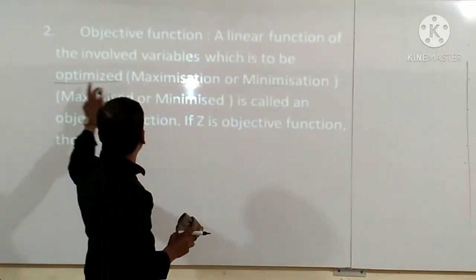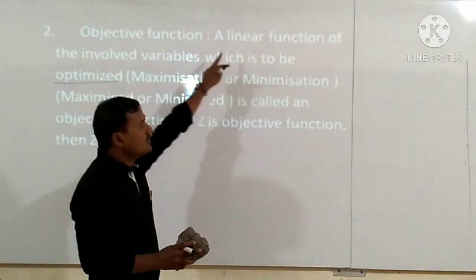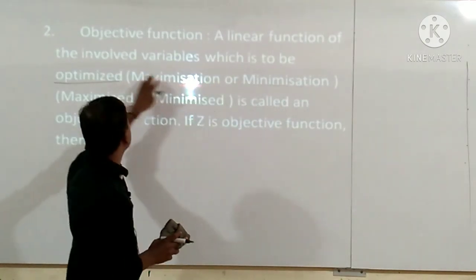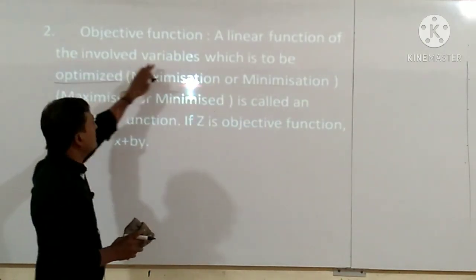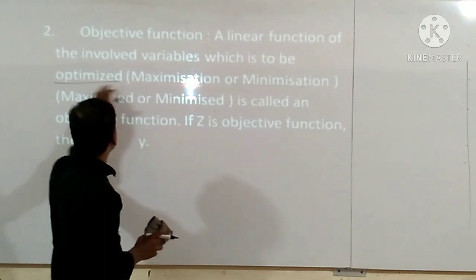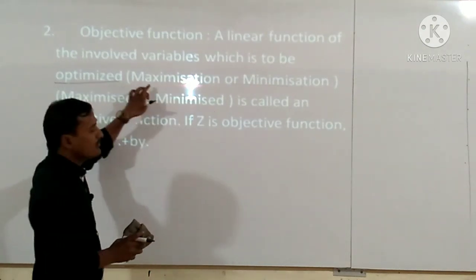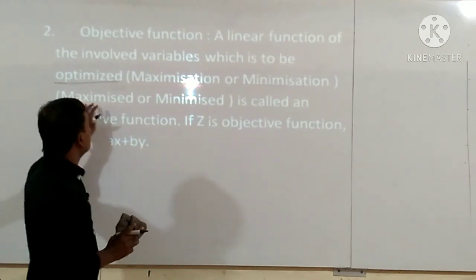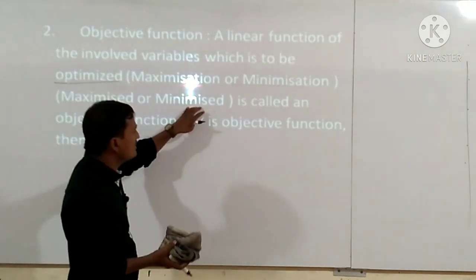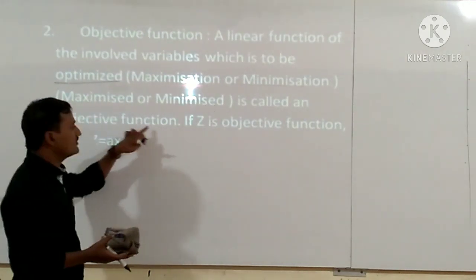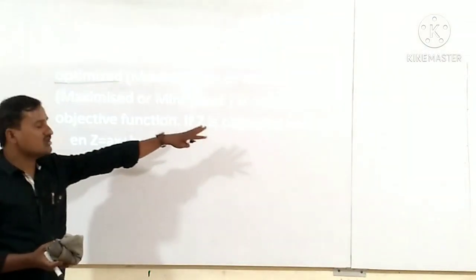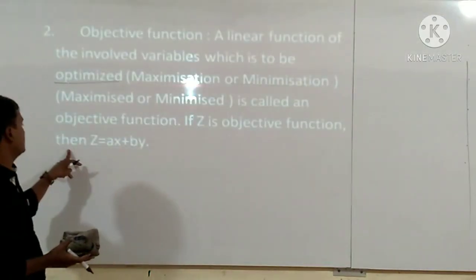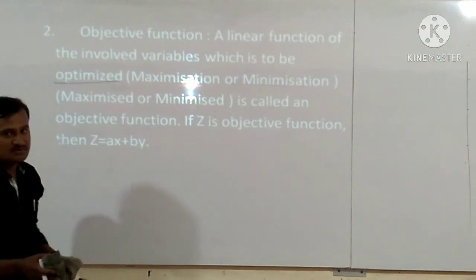So here, objective function is a linear function involving the variables which is to be optimized. Optimized means maximization or minimization, right? If Z is an objective function, then Z is equal to ax plus by.